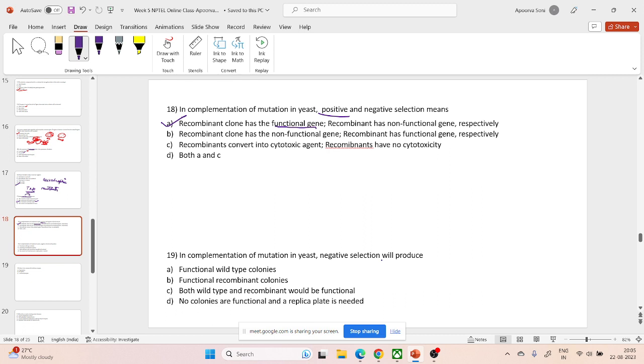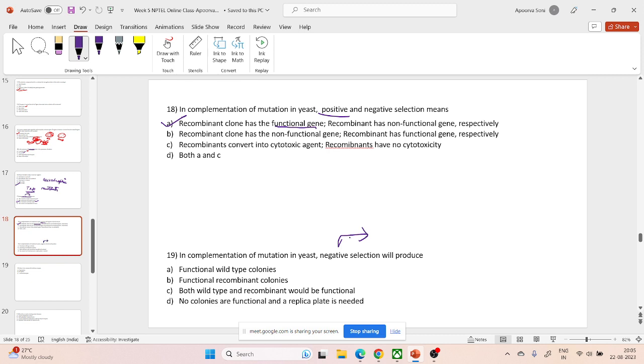Now, functional recombinant colonies. Yeah, so actually, the question is not completely elaborated because it depends. Here the question is written: in complementation of yeast, negative selection will produce what? It depends on the context.